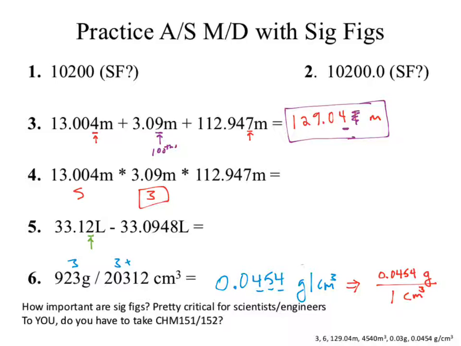The last thing I'll address real quickly here is the importance of Sig Figs. If you want to continue through science, be an engineer, Sig Figs are pretty darn important. If this is the only class you need, then you probably don't care. When it comes to Sig Figs in calculations, it is very rare for any instructor to ask a question on Sig Figs and another concept.